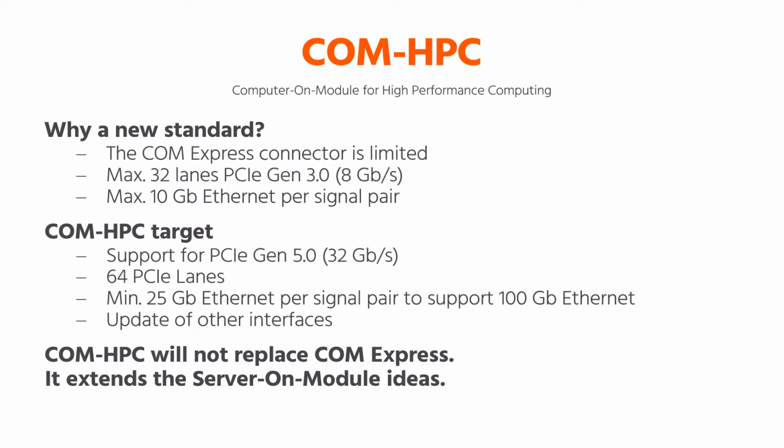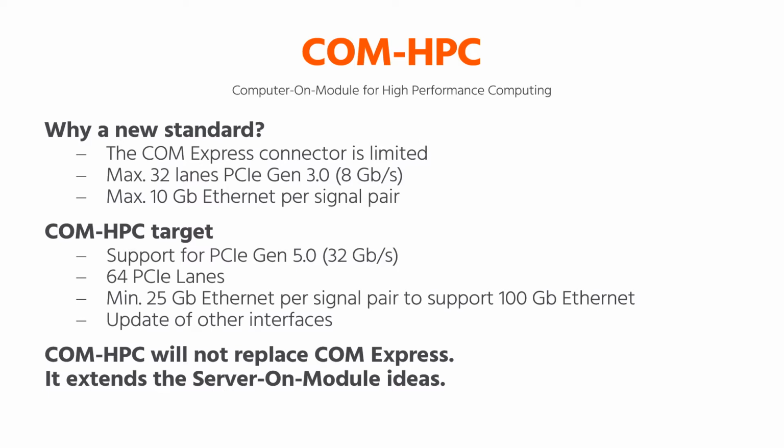Why was it necessary to create something new? The COM-Express connector got its limitations. So the maximum of 32 PCI Express lanes on the Type 7 modules is limited to the speed of 8 gigabits per second, as this is defined by PCI Express Gen 3. There are also fast gigabit Ethernet lines, but it's limited also to 10 gigabits per second.